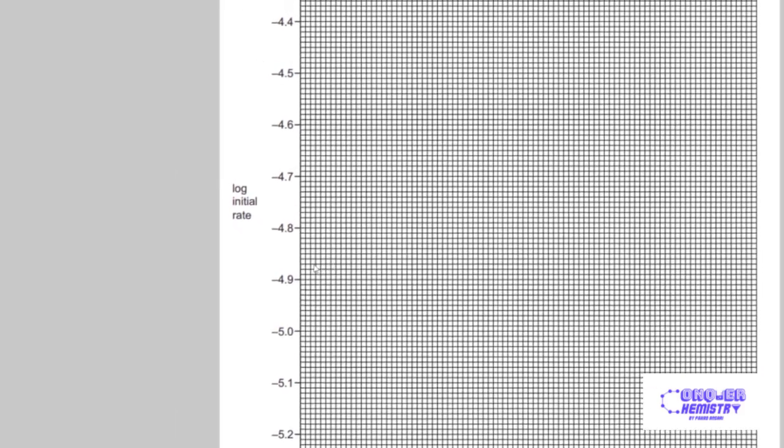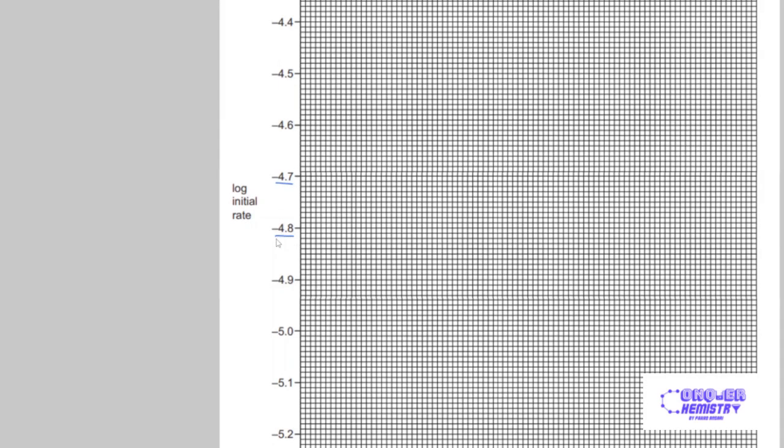If I take a look at the y-axis, I have over here minus 4.7 and minus 4.8. In between them, if I count, I have 1, 2, 3, 4, 5, 6, 7, 8, 9, 10 small squares. So I have 10 small squares, and the difference between these two readings is 0.1.